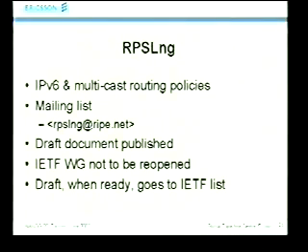There is a mailing list, rpslng@ripe.net. A draft document was published towards the end of April of this year. It was published on this mailing list. Now, the IETF working group will not be reopened. It's just when this draft is ready, it will go to the IETF list. So if you're interested in knowing more, look at this mailing list.